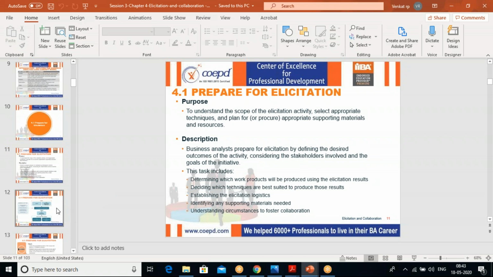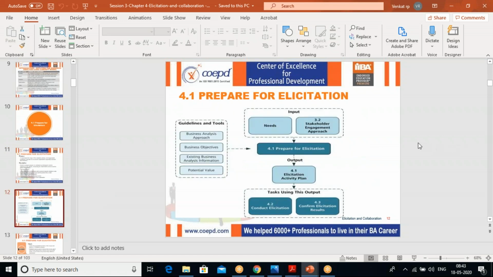Okay, now let us try to understand the task, prepare for elicitation. What we are going to do here is take needs and stakeholder engagement approach as the input. Stakeholder engagement approach means how we are going to talk to and communicate with the stakeholders.